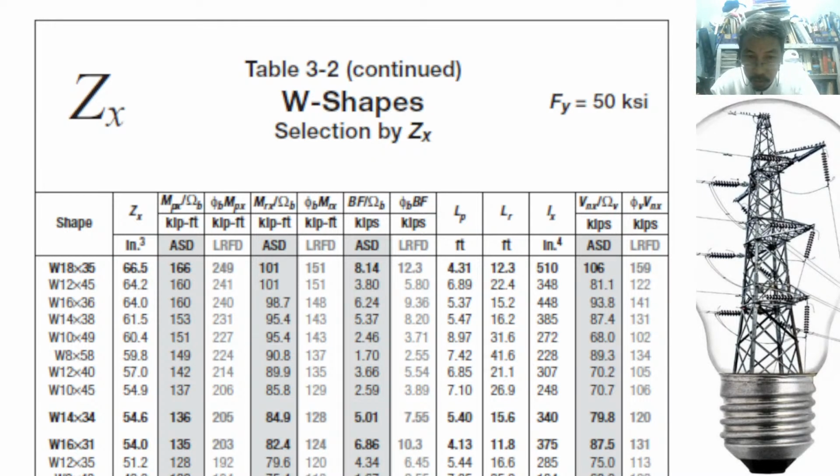What we need to get from the table is the gross area. So take note of the gross area. Okay, where is the gross area? There is no gross area. This is for what?